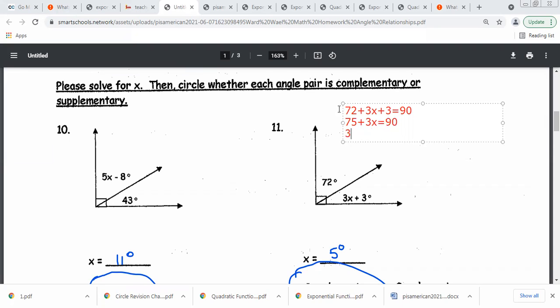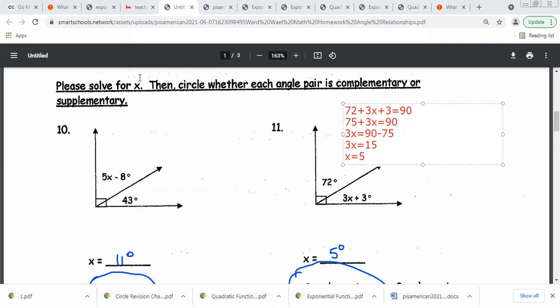Now we have 3x equal 90 minus 75, which equals 15. Then we divide both sides by 3. Then the value of x is equal to 5.